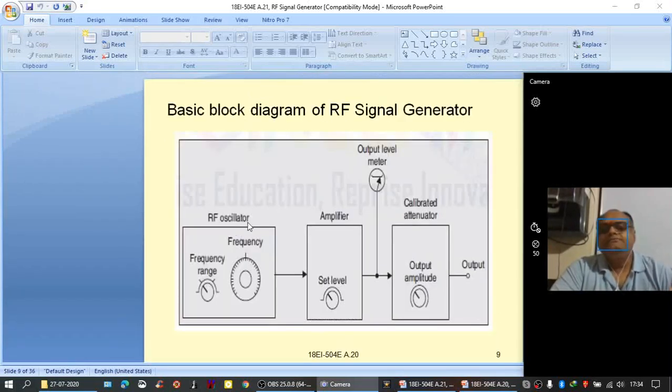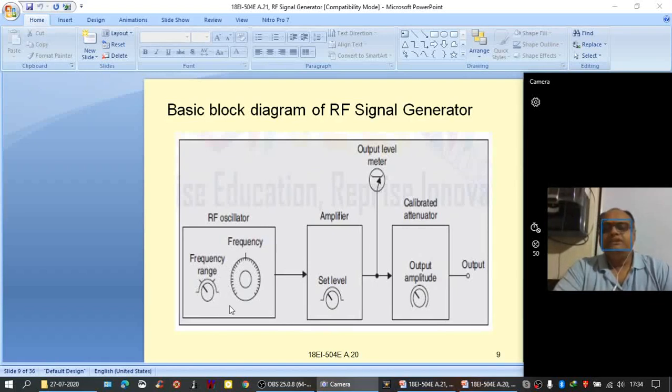RF oscillator. As can be seen here from the block diagram, RF oscillator provides radio frequency signals which are adjustable continuously as well as adjustable in range, that means in terms of decades.